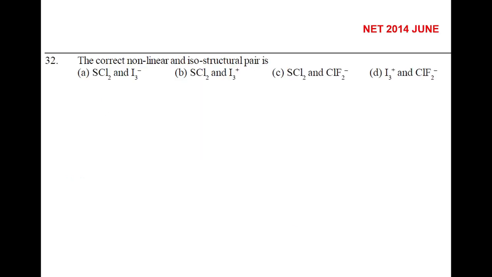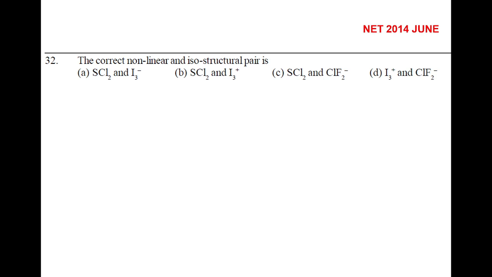So moving to the next question. The correct nonlinear and isostructural pair is. So listen, isostructural means having the same shape. Nonlinear means there will be no linear molecule. As you know, I3 minus is linear, so option A is eliminated.